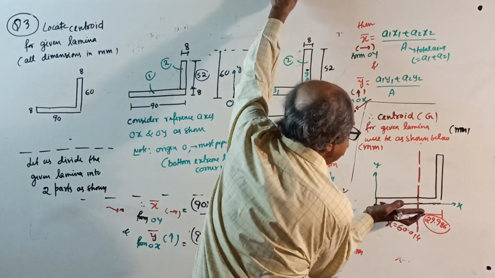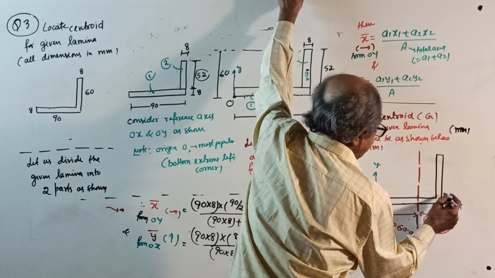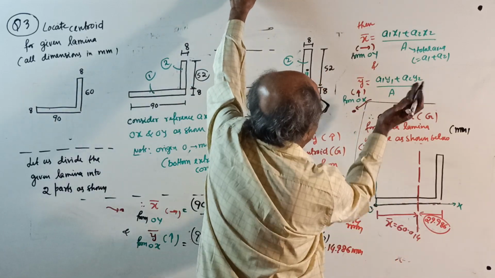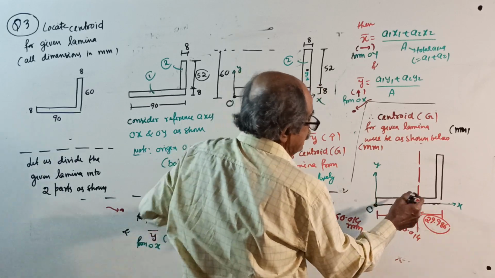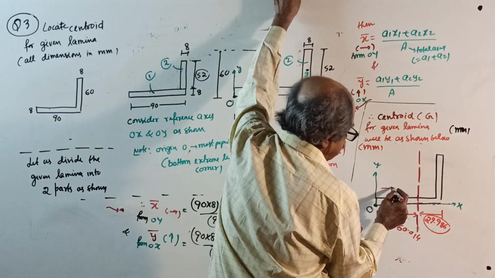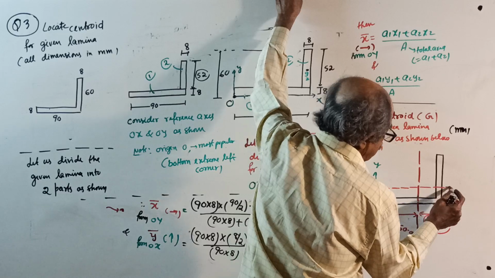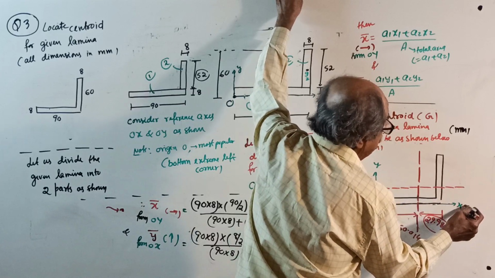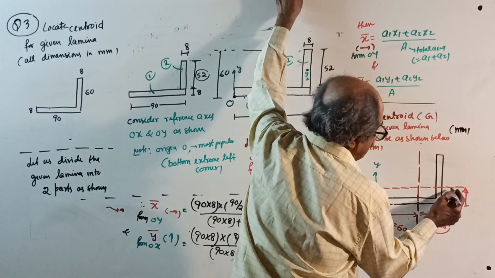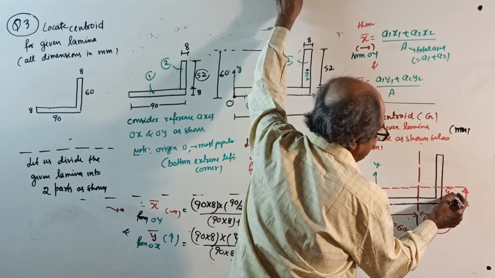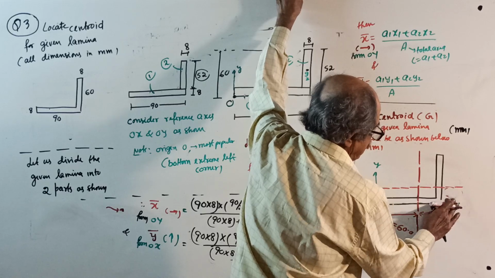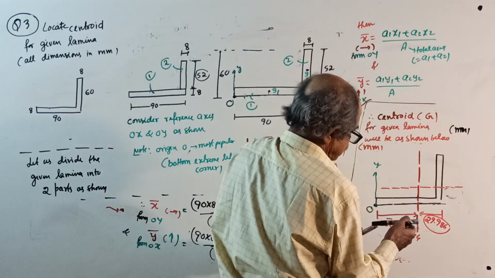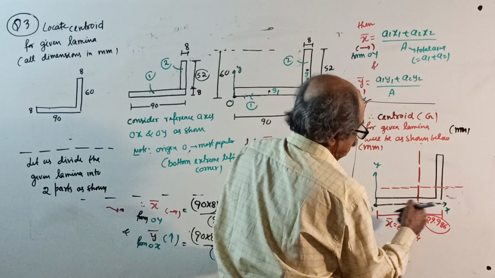And same way, from this axis, y bar, this way y bar, we got 14.986. This is actually 8, so a little more. From here, this is your y bar equal to 14.986. Okay, no problem, space is not there. I'll bring the x this side.